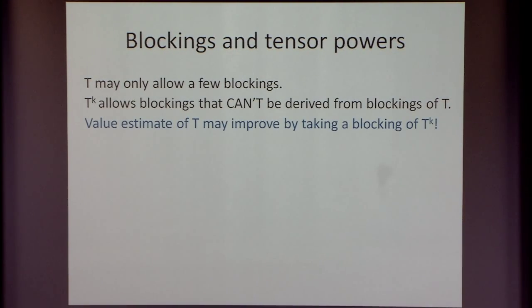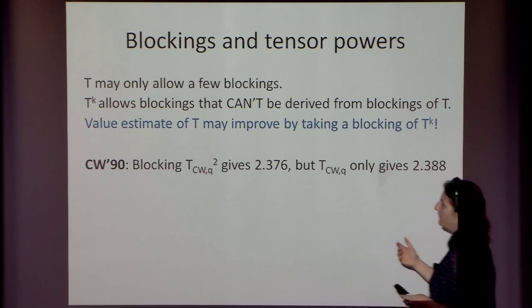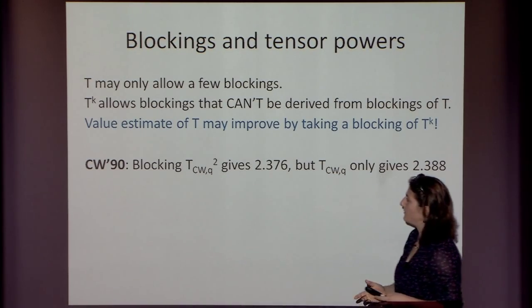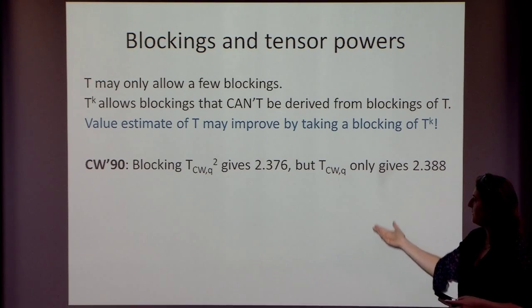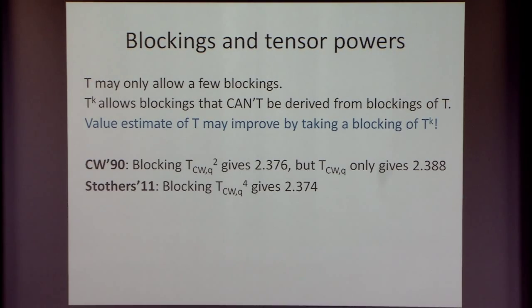Okay, and then the point is, instead of taking t as your starting tensor, you can take t to the k for some k, and you can improve. So for example, Coppersmith and Winograd analyzed the second tensor power, and they showed it gives 2.376, but the first only gets 2.388. So the same things happened later.